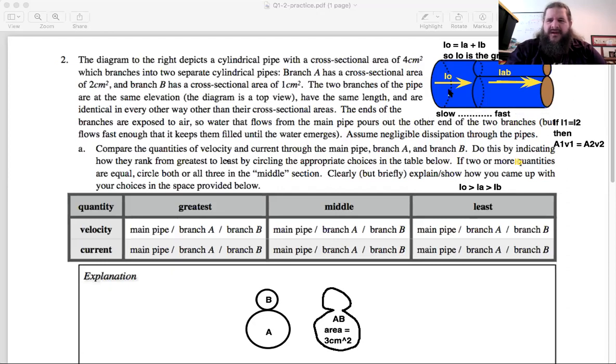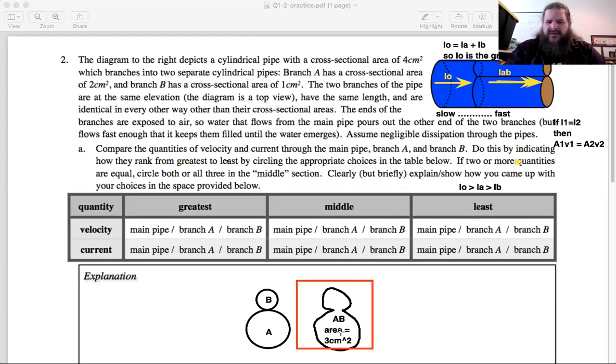Well, velocity doesn't get divided up. The faster speed we're talking about for AB, if you go back to this idea of the cross-sectional area, we were pretending for the moment that the wall between A and B is gone, that AB are just one pipe together with this sort of figure 8 shape. And the fact that the shape is sort of pinched in means a narrower cross-sectional area and therefore a faster speed.